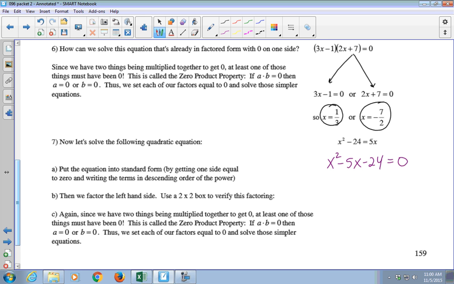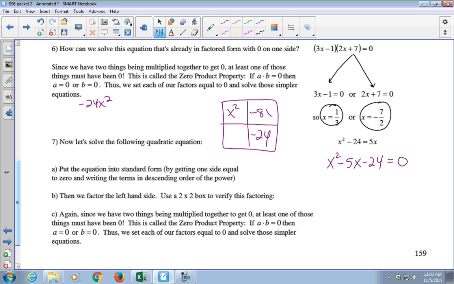I'll do a little 2x2 box over here. Put in an x squared, put in a -24. So then multiply them and I get -24x squared. So I have to think of something that multiplies to -24x squared and adds to -5x. What do you think? -8 and 3.